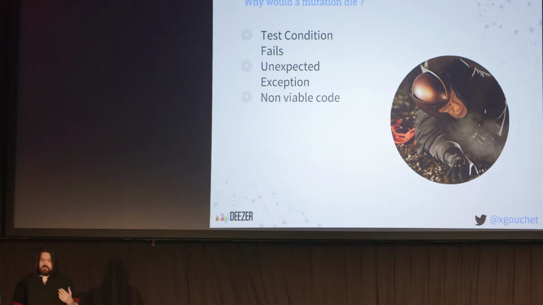You can lead to non-viable code. Although most of the frameworks tend not to do that, it could happen that the code that's changed cannot be compiled or cannot be executed. You're going to have some system errors because your change is going to cause an out of memory or a Stack Overflow. And you can have, of course, timeouts because the change is going to lead to concurrency issues.